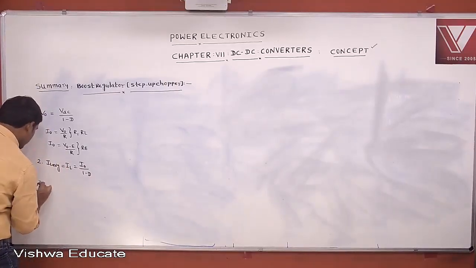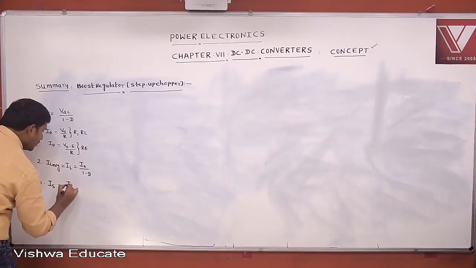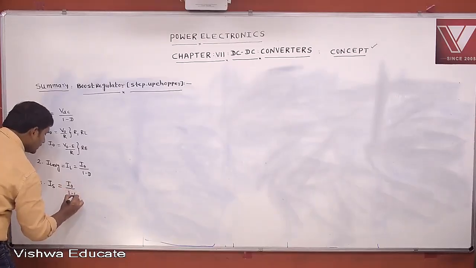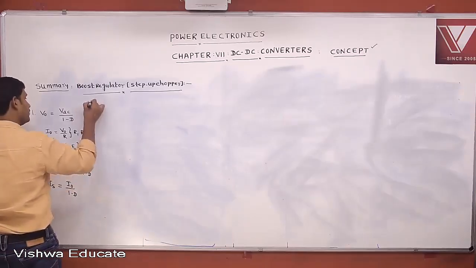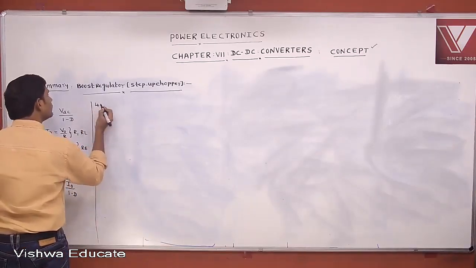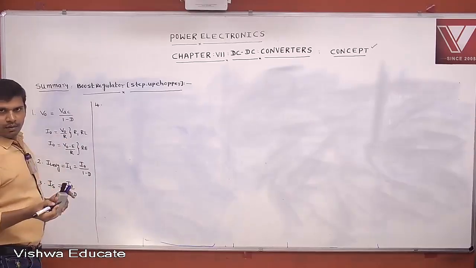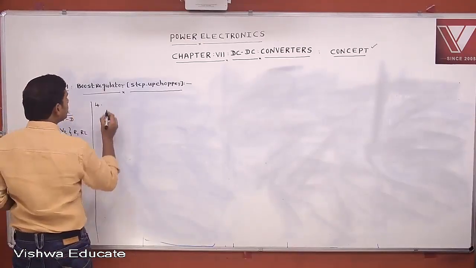Third one. What is the average source current? Average source current equal to I naught by 1 minus D. Next. Fourth one. What is the peak to peak ripple current we are getting?